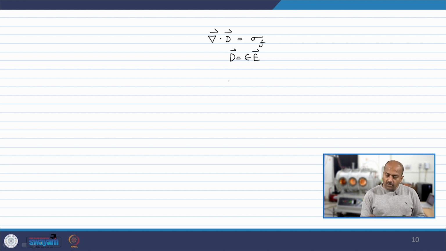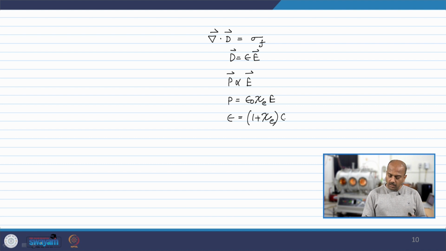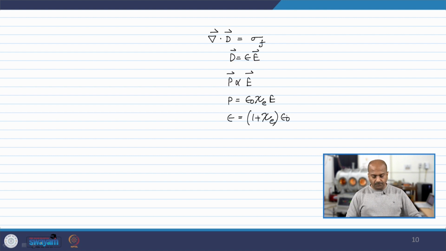That means the polarization is proportional to the electric field, so we can write P is equal to epsilon naught chi_e E, where we can write epsilon as epsilon naught times (1 plus chi_e), which is epsilon_R. So, this is the understanding so far.